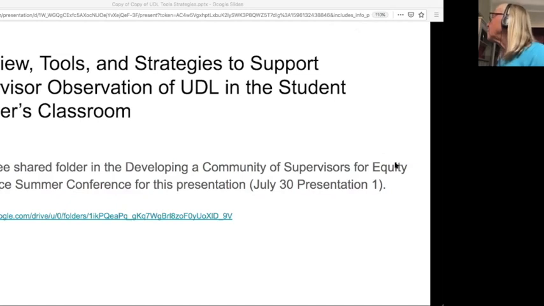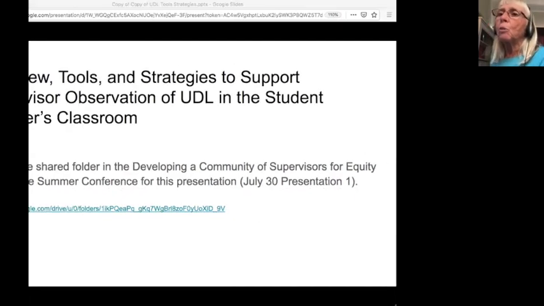So what does it mean to provide multiple means of representation? Here are guidelines. Under each guideline, there are suggestions. You can use these as the observer, but you can also use them to help the student teachers understand what it is you're asking for in UDL. This has been just a massive help in supervision.